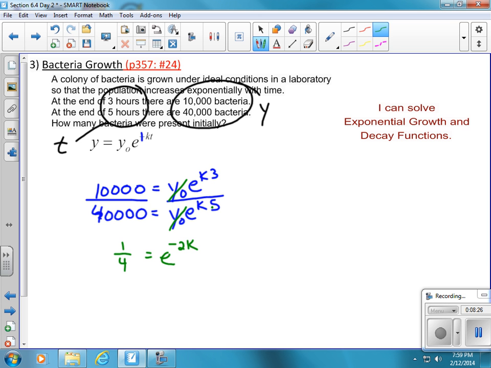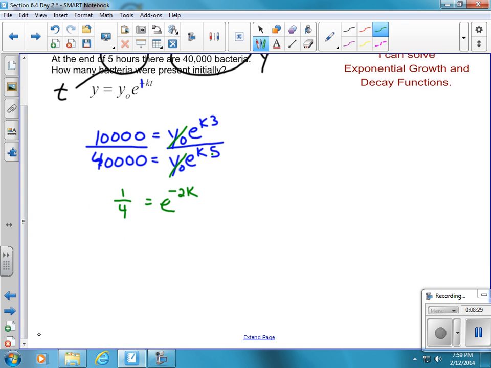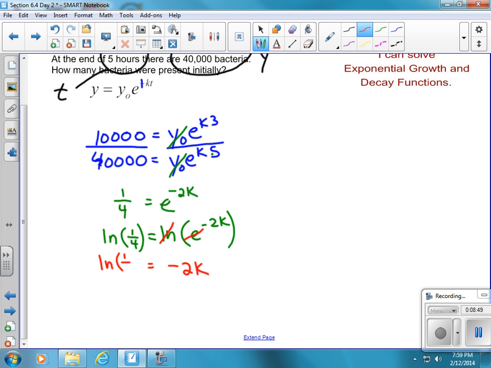We're subtracting exponents. In order to find k, we take ln of 1/4 equals ln of e to the negative 2k. The e's and the ln's cancel out. They're inverse operations. We end up with negative 2k equals ln of 1/4, and we divide both sides by negative 2. And that is our k value.